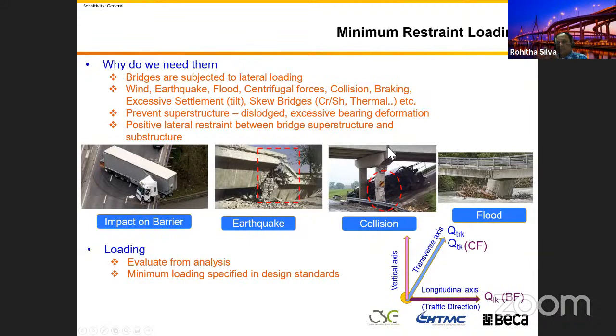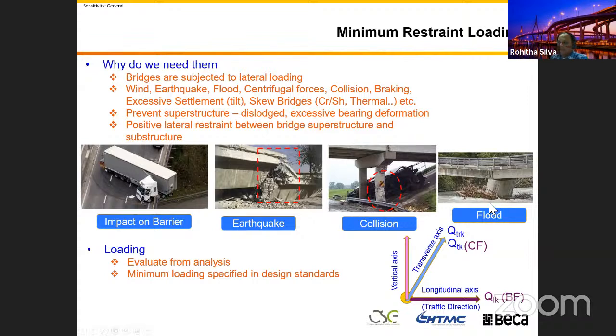Because of that, if you do not properly restrain the superstructure, that impact will cause the superstructure to move. Even if it moves by 20-30 millimeters, it's going to have an impact, because the bridges are sitting on bearings.